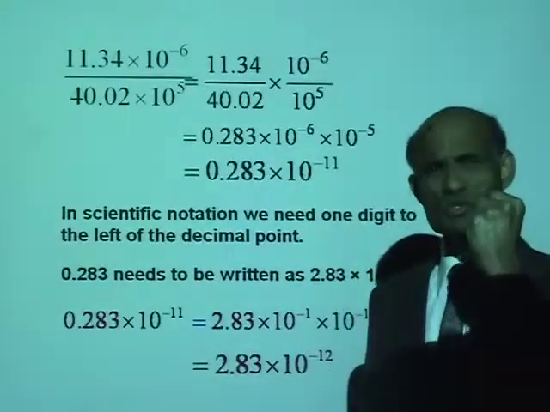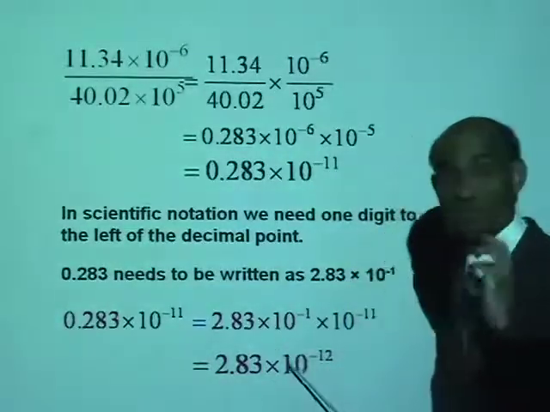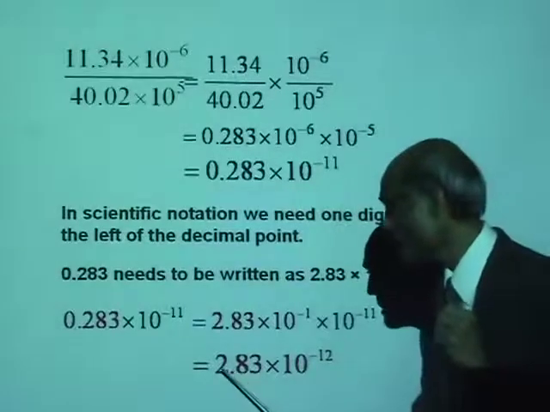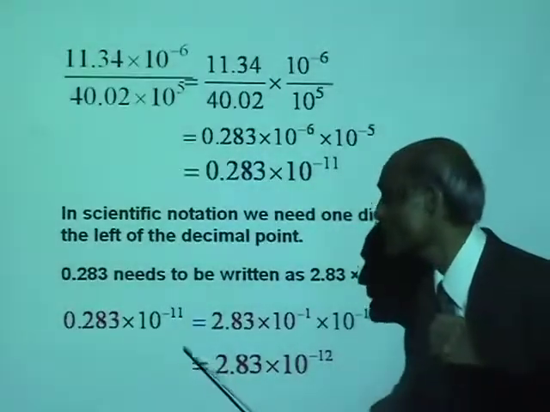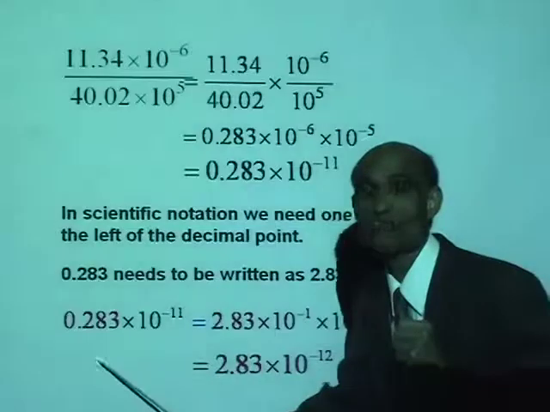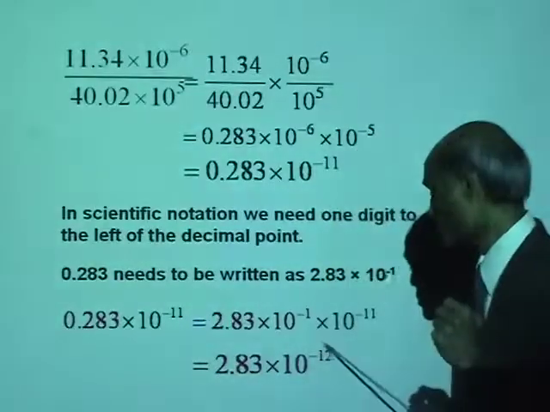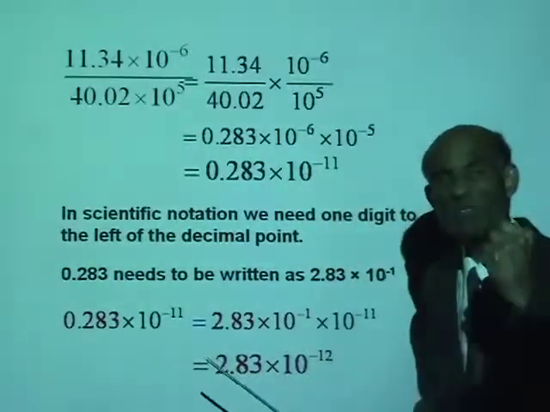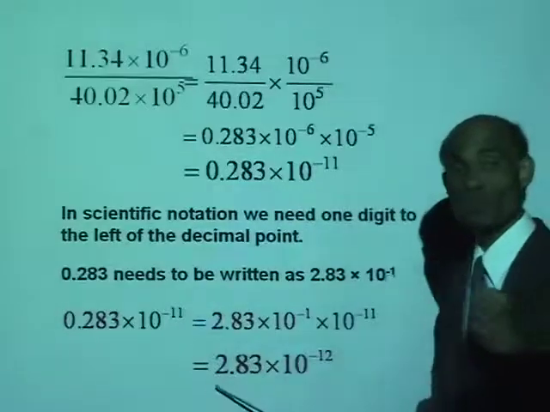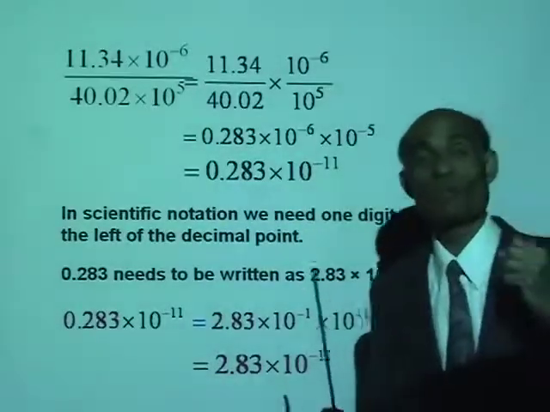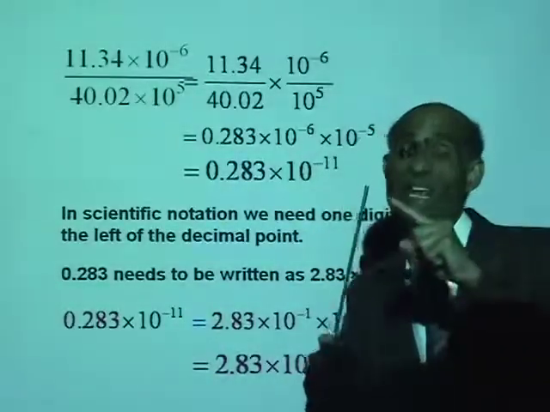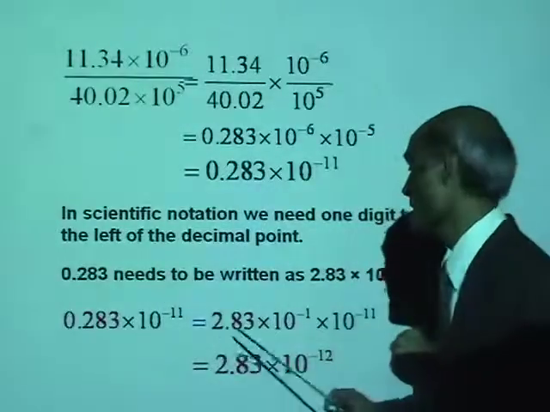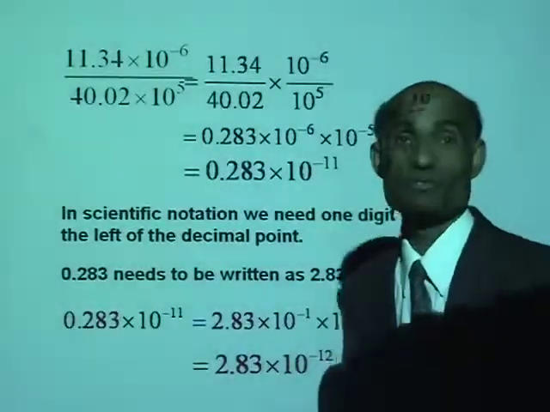It's so small. So, it's a very small number. Tell me how many zeros will be after the decimal. This is 12. That means there are 11 zeros. So, if you want to write this in the decimal form, it will be 0, then 11 zeros, and 283.